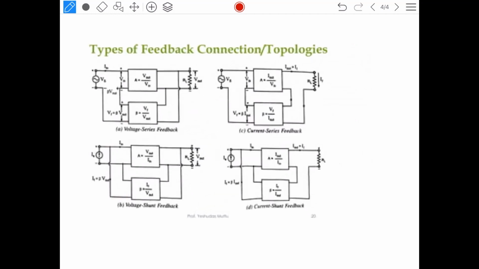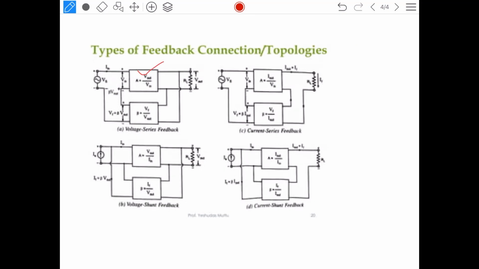So here I am going for voltage series feedback. This is my amplifier block. This is my feedback block. Amplifier input is Vin. Amplifier's output is Vout. So gain of an amplifier A is equal to output by input. Now, for the feedback network, the same equations are applicable for all the blocks. When I come to the feedback, the gain of a feedback network is called B. What is the output of the feedback network?